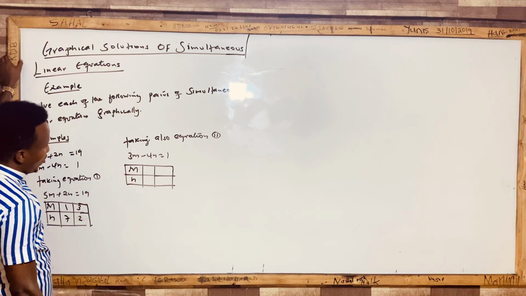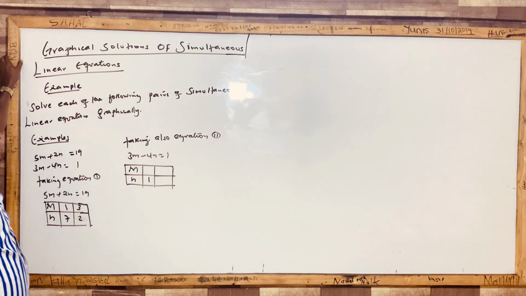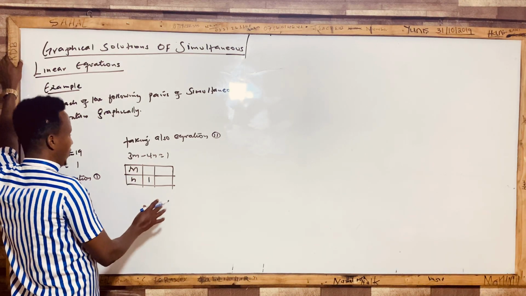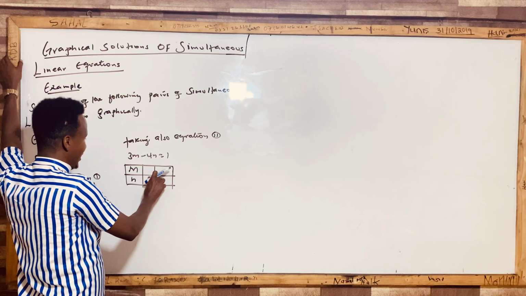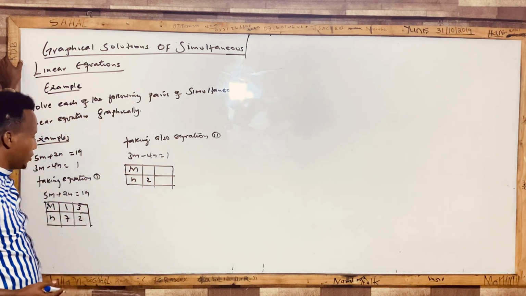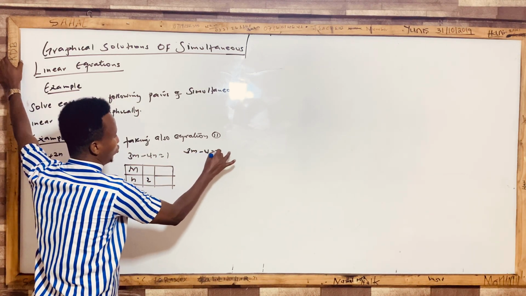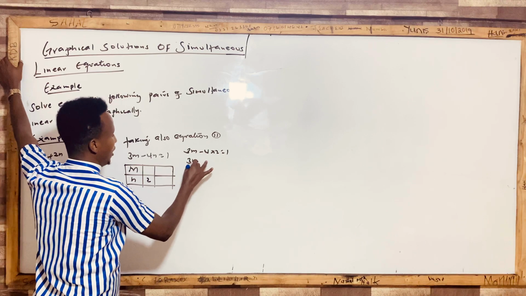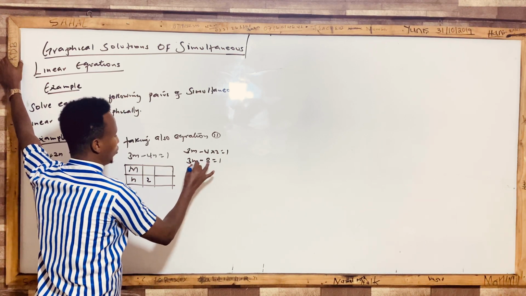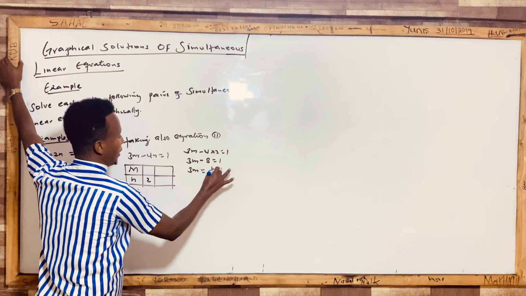Can I take 0? Okay. Let me take n as 1. When n is 1... when n is 2, let me take n as 2, because I want this thing to be divisible. So it will be 3m minus 4 times 2 is equal to 1. So 3m minus 8 is equal to 1. Take this to the other side. 3m is equal to 1 plus 8.